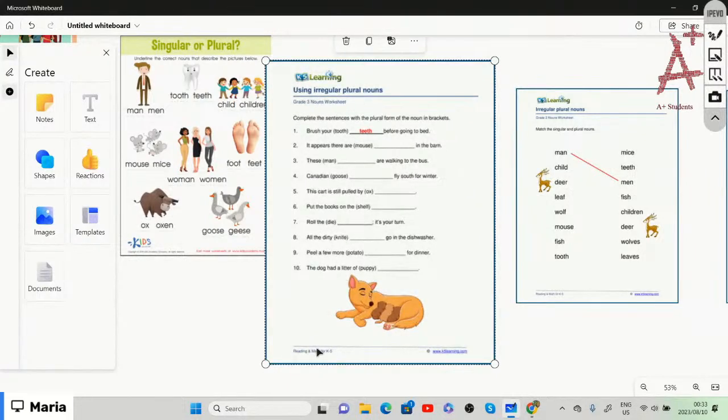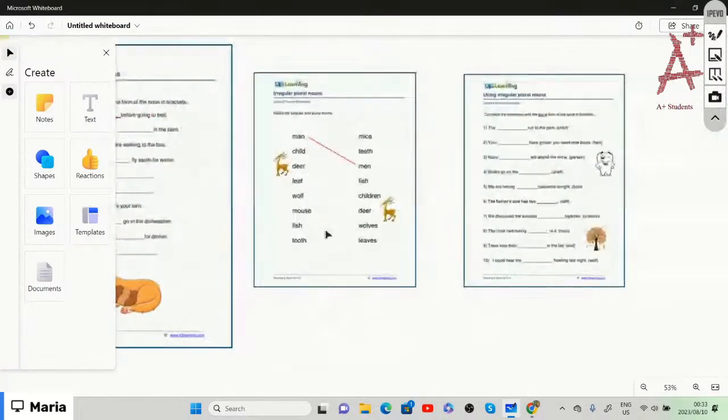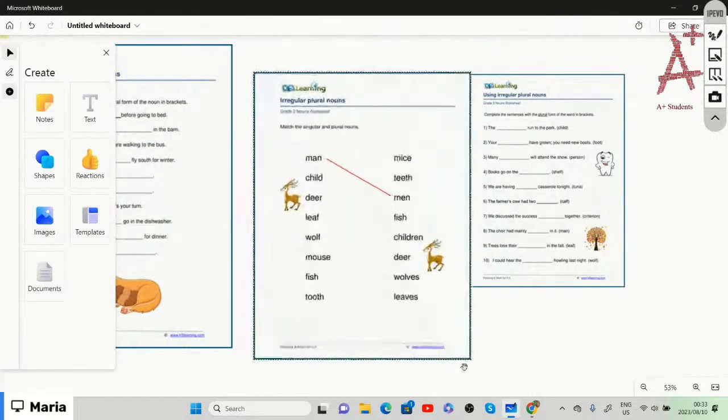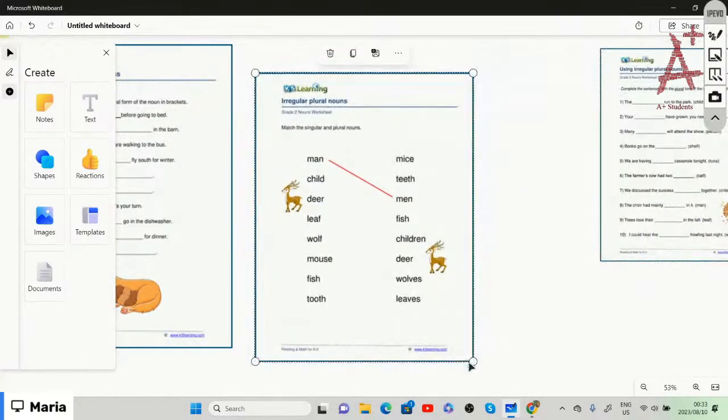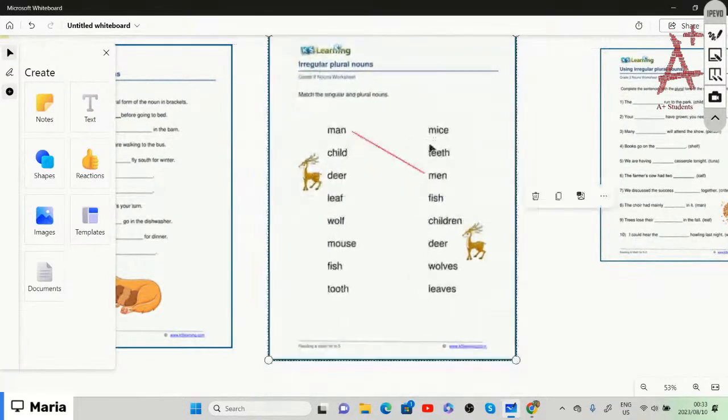All right. So now what we're going to do is complete the sentences. Okay, let's first do this one because this one is matching, sorry. So irregular plural nouns, right? The first one was done for us. On the left hand side, they have the singular forms, and on the right hand side we have the plural nouns.